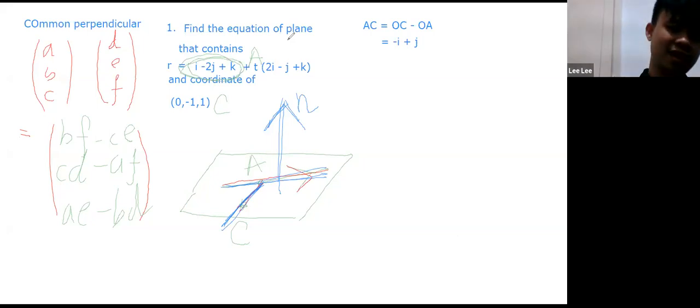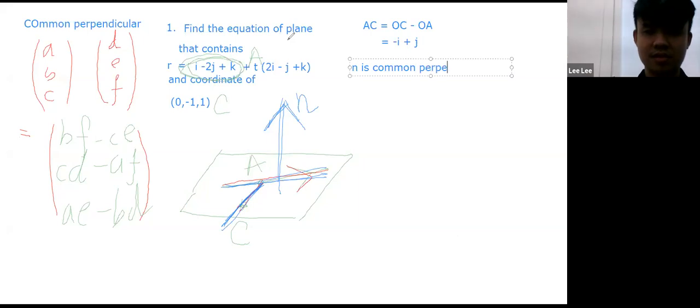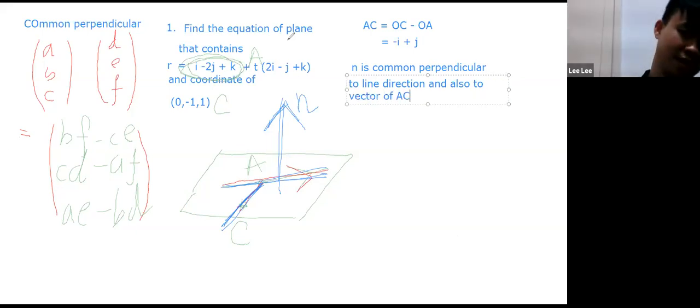So I can say the normal is the common perpendicular to the line direction and also to the vector AC.